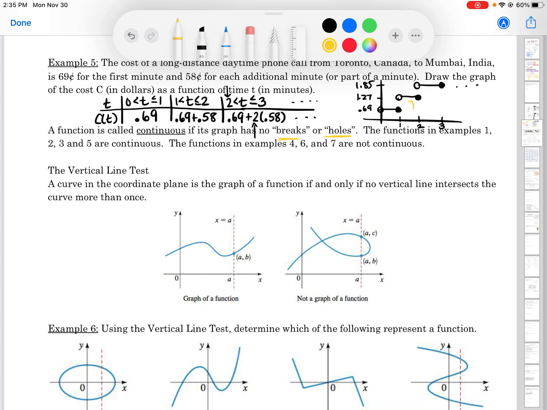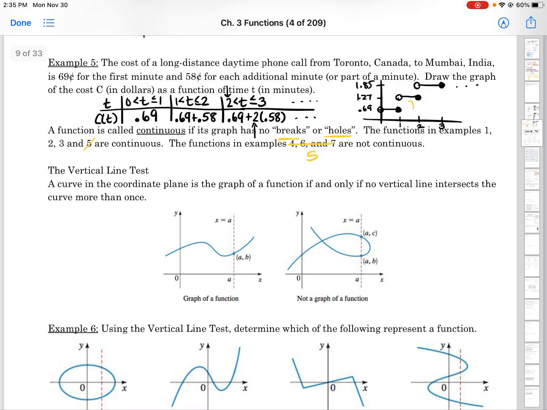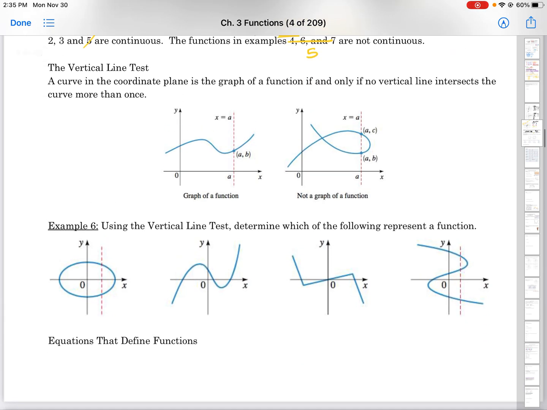I pick up my pencil to continue drawing. So the functions that we saw in examples 1, 2, and 3 were continuous, but this one, sorry, these are misnumbered, example 5 here is not continuous. We skipped over some of the graphing calculator ones. You're going to see that in tomorrow night's video.